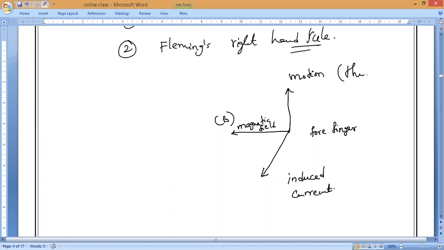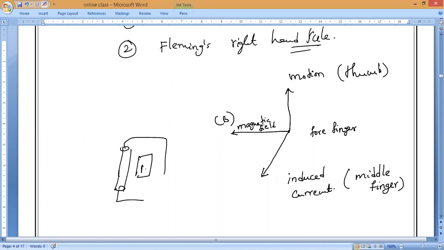So this is the thumb and this is the middle finger. Last class I told you how to find that also. We did it for the first experiment, where a straight conductor is oscillating between the north and south poles of a horseshoe magnet, and I showed you how to find the directions.